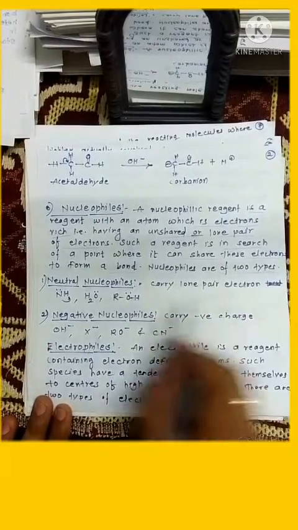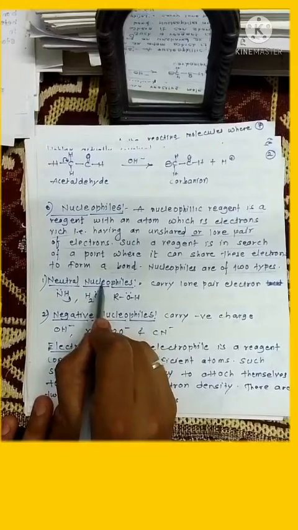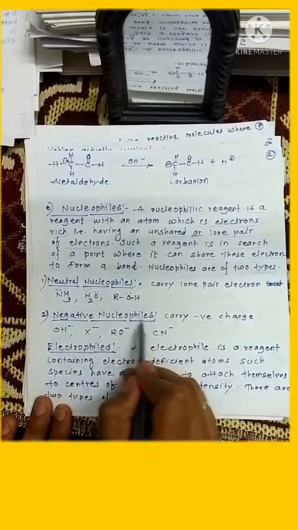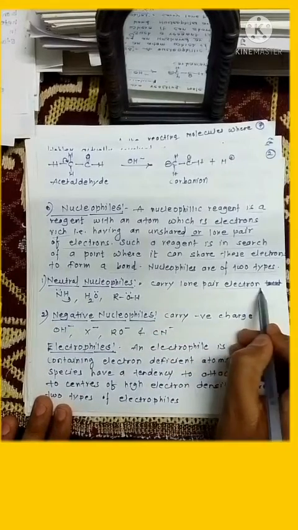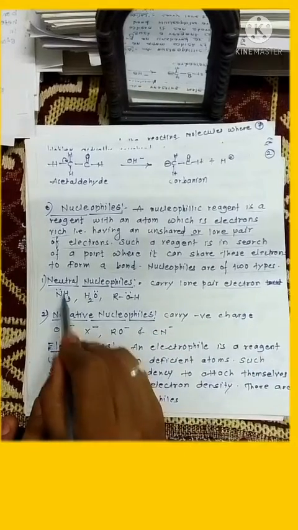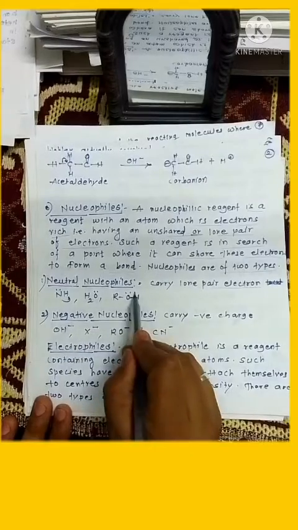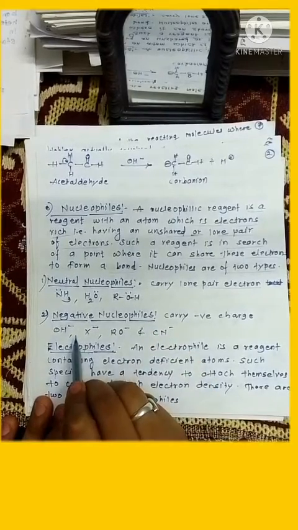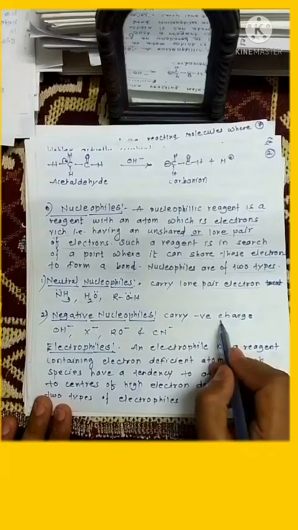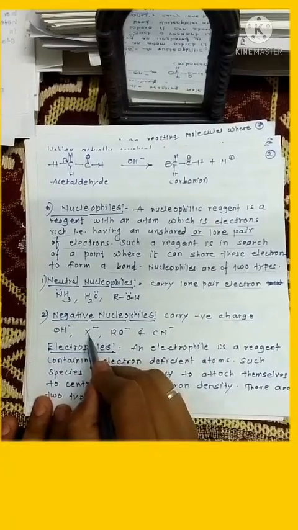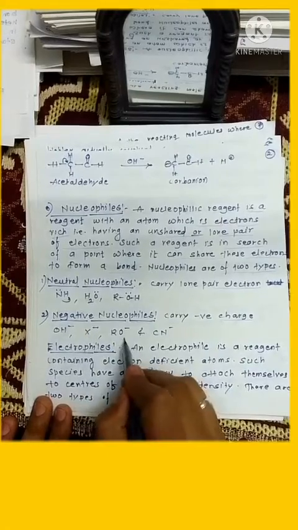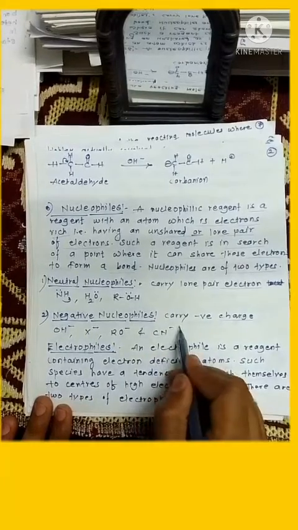Nucleophiles are of two types. First is neutral nucleophiles, second is negative nucleophiles. Neutral nucleophiles carry a lone pair of electrons, for example ammonia, water, alcohol molecules. Negative nucleophiles carry a negative charge, for example OH minus, halide minus, RO minus, CN minus.